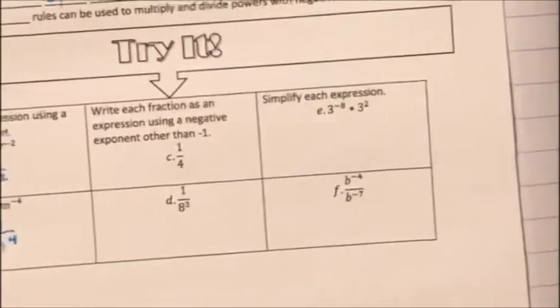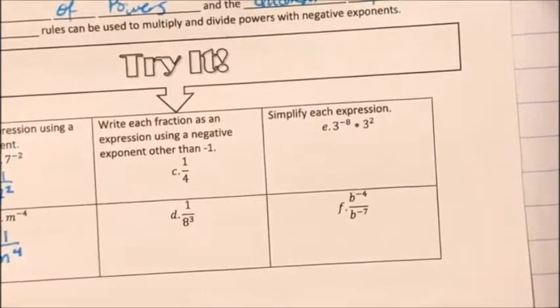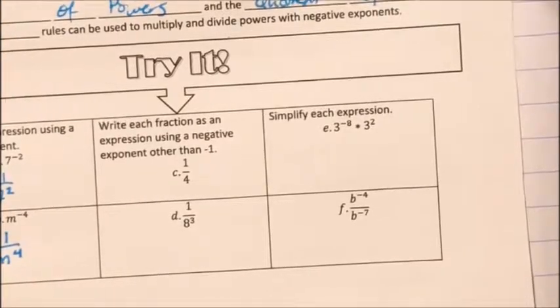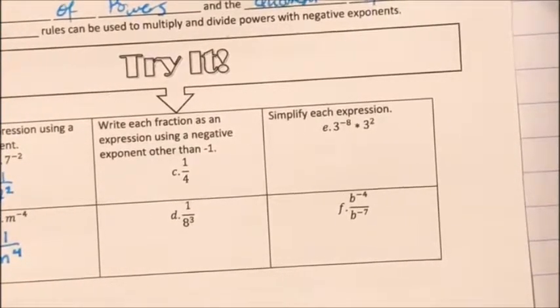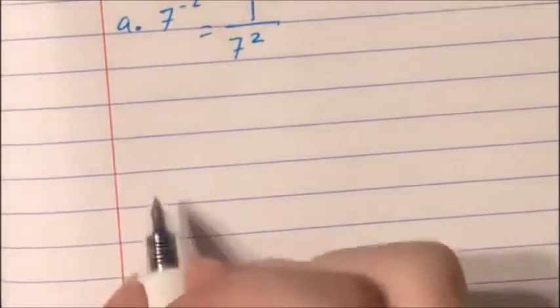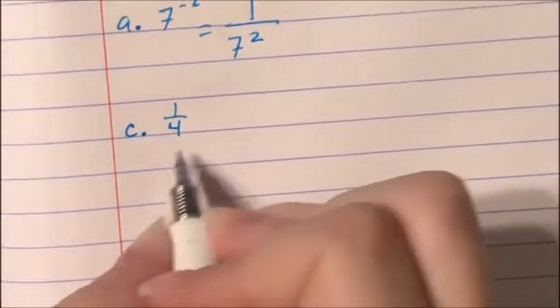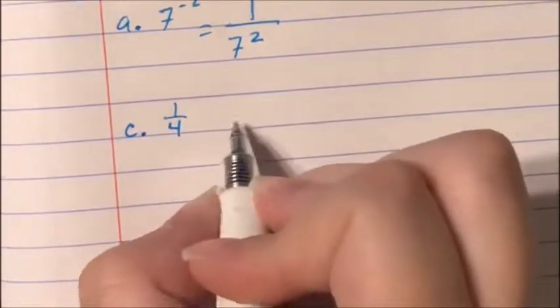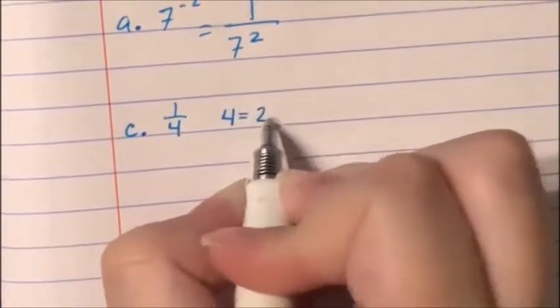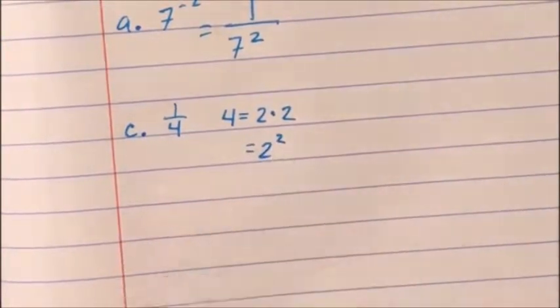All right, so then I'm going to look at C. C and D ask me to write each fraction as an expression using a negative exponent other than negative 1. Okay, so I'm going to look at 1/4. Okay, 1/4, right? 1/4 is the same thing as saying 2 times 2, which is the same thing as 2 squared, right?